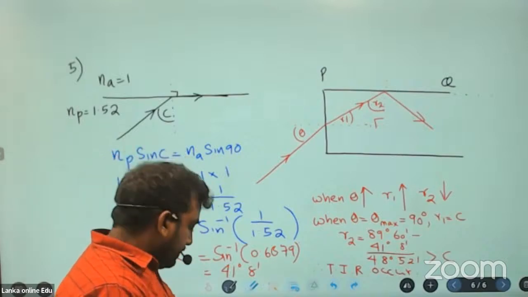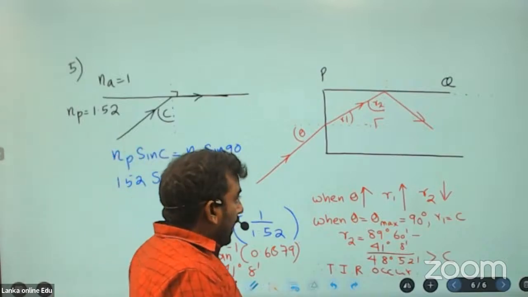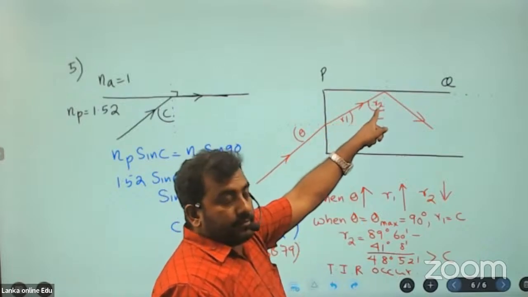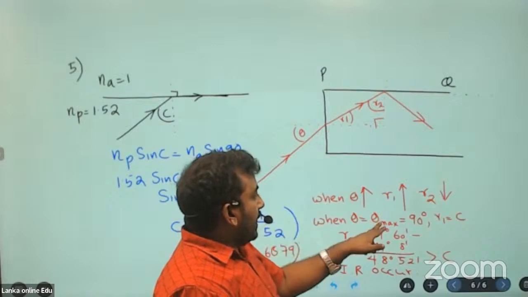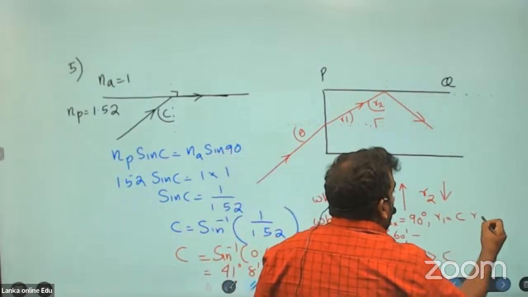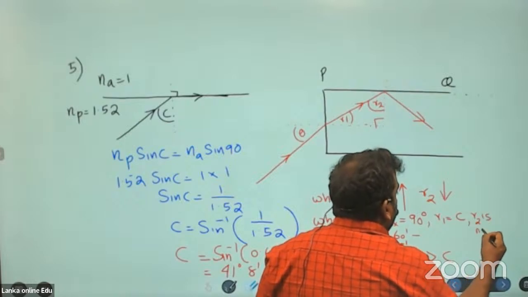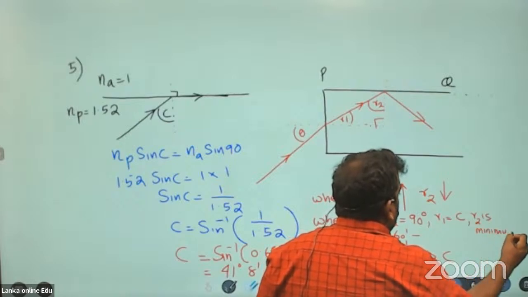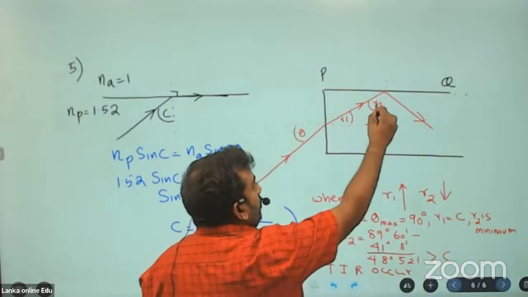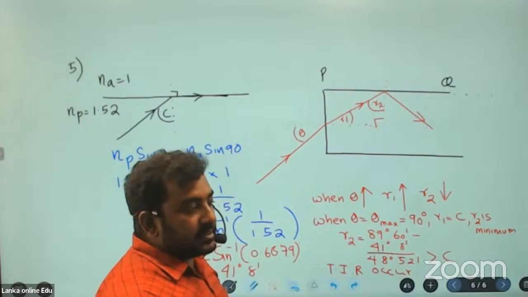Understood the logic? For the maximum angle, R1 equals C and R2 is minimum. The minimum angle is also more than the critical angle, so total internal reflection takes place.